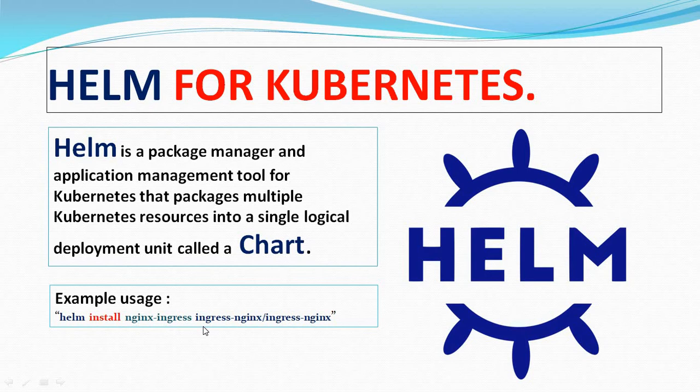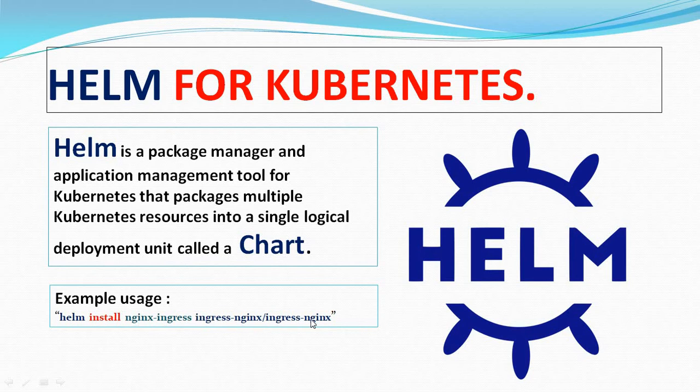That's the level of simplification that Helm provides for Kubernetes-related tasks, and that's why Helm is getting very famous in the Kubernetes world. The command looks something like this: helm install, which means I'm installing the particular application on my Kubernetes cluster. Then I give the general deployment name, nginx-ingress. Then I give the Helm chart definition, which is the repository name and a forward slash followed by the chart name.